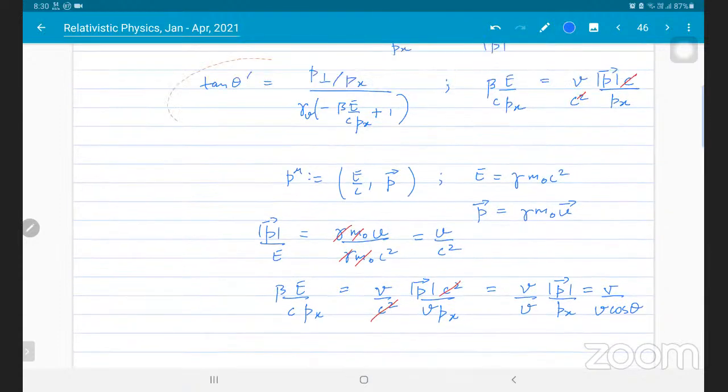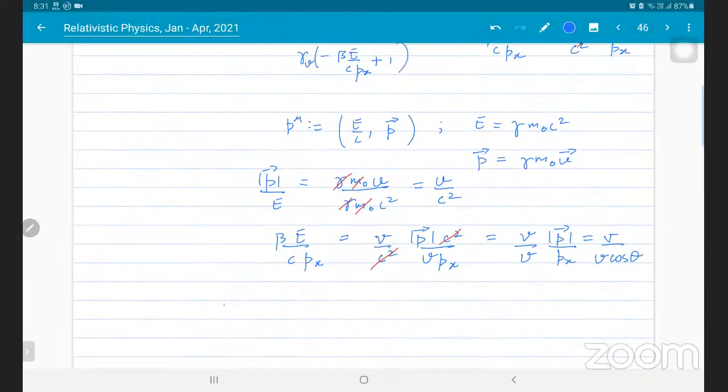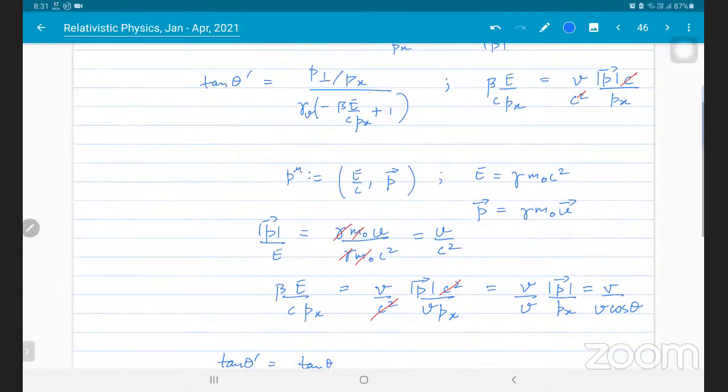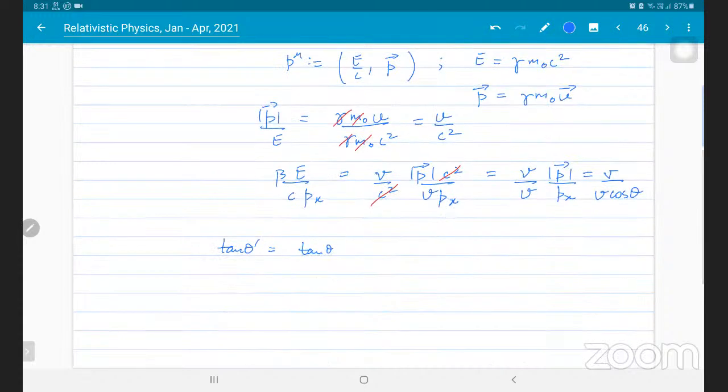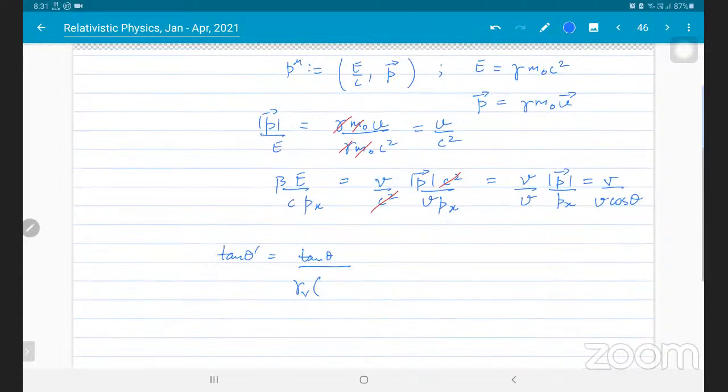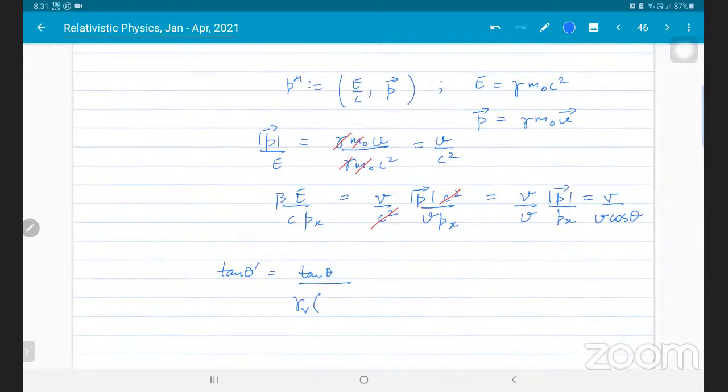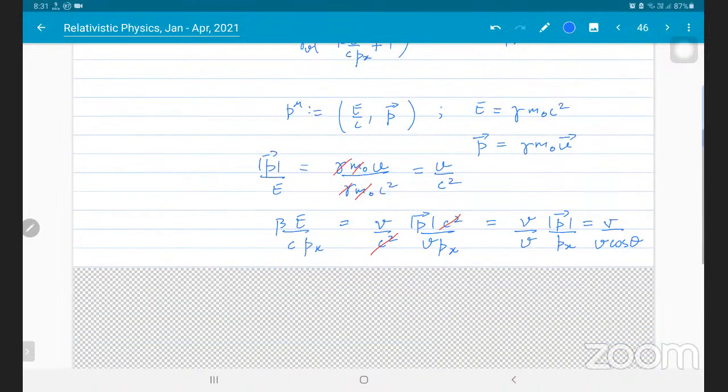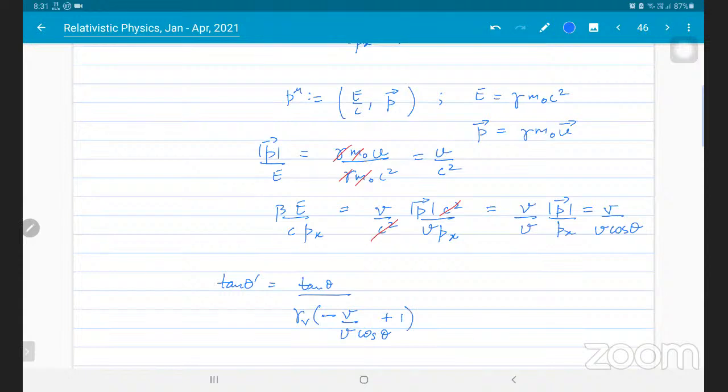So putting all of this back in this expression, what do I get? I get tan theta prime is equal to tan theta on top divided by gamma v times minus v by u cosine theta plus 1.